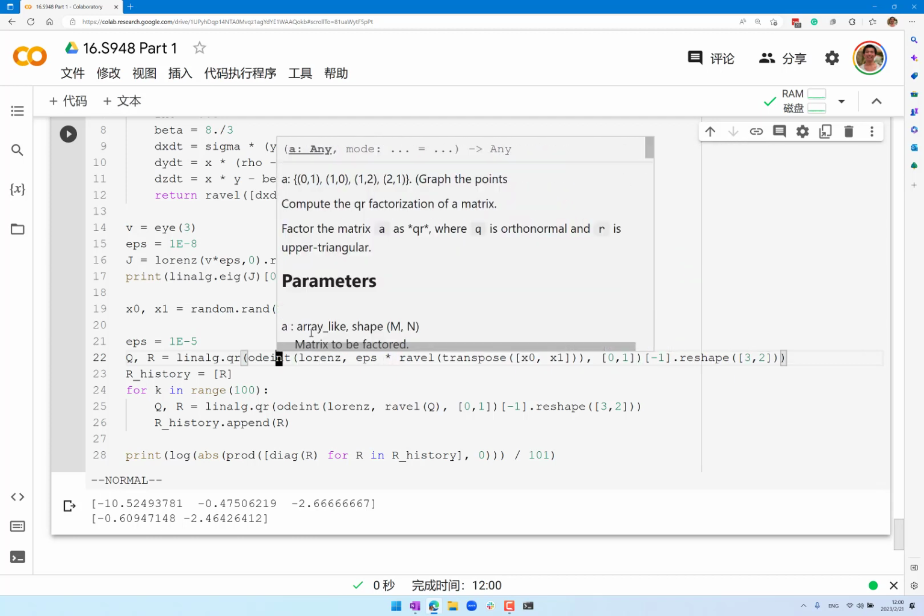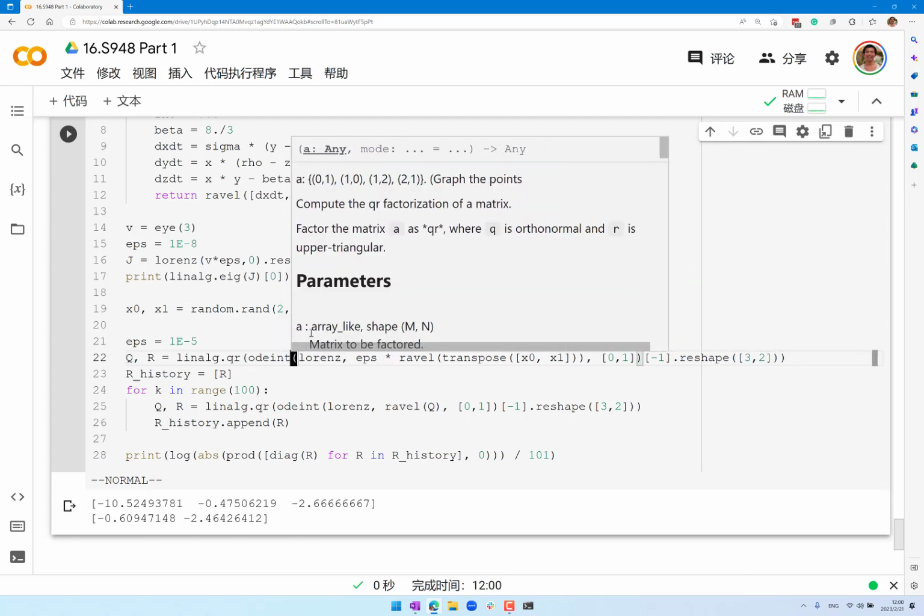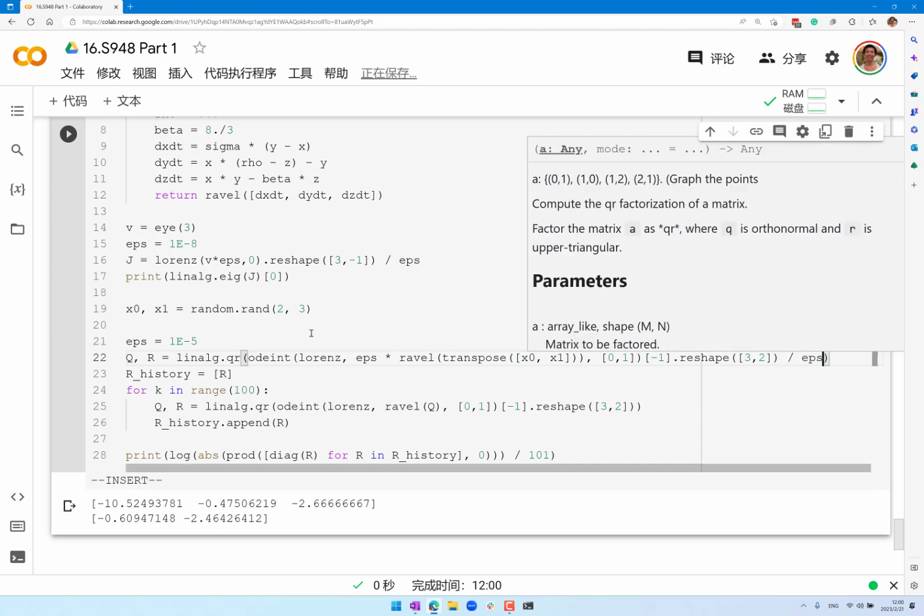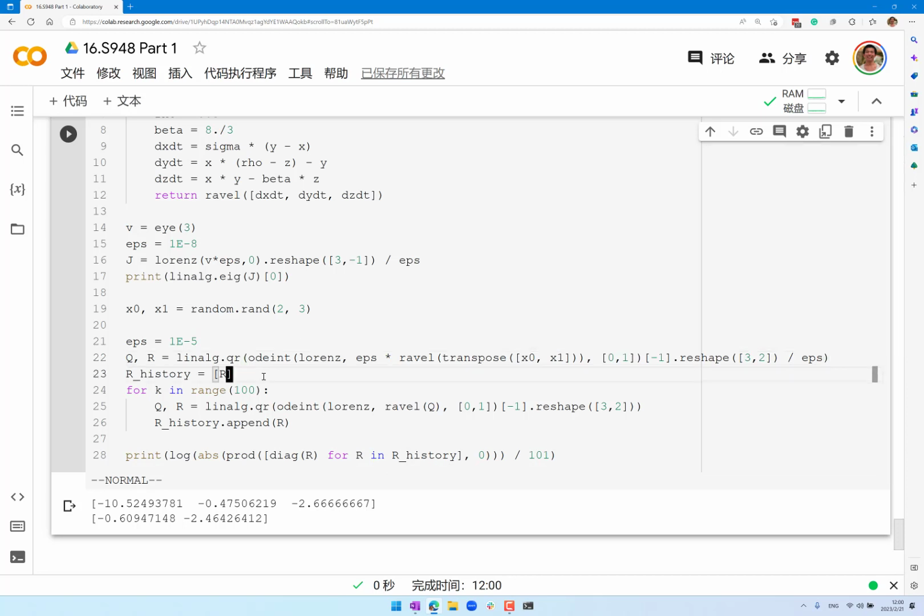After we integrate the ODE, we divide by epsilon to get the actual result. Basically we are evolving in the neighborhood, and we want to figure out after 1 time unit how much the solution has changed, both scaled and rotated. So multiply by epsilon when we feed in the initial condition, and divide by epsilon when we get the output.